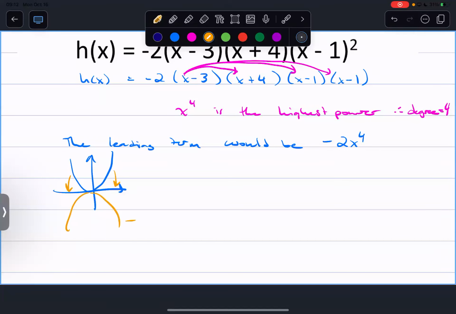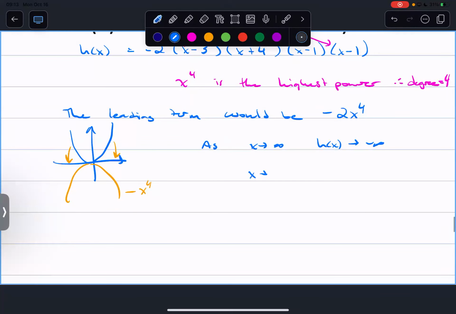So I have -x to the power of 4, which means that as x goes to infinity, h of x is going to go to -infinity. And as x goes to -infinity, h of x is going to go to -infinity again. Good.